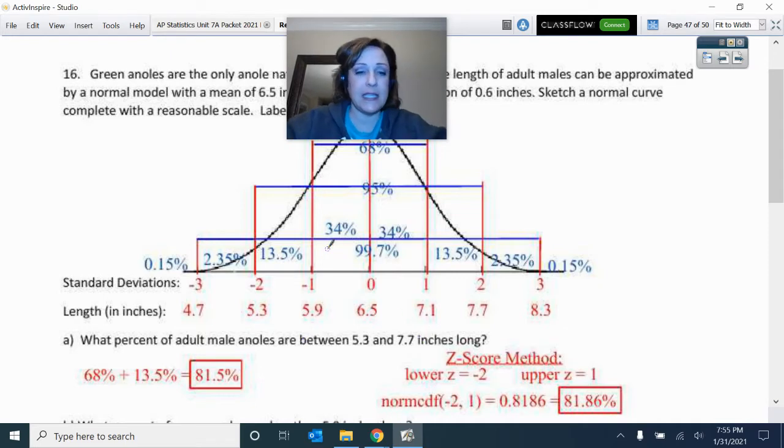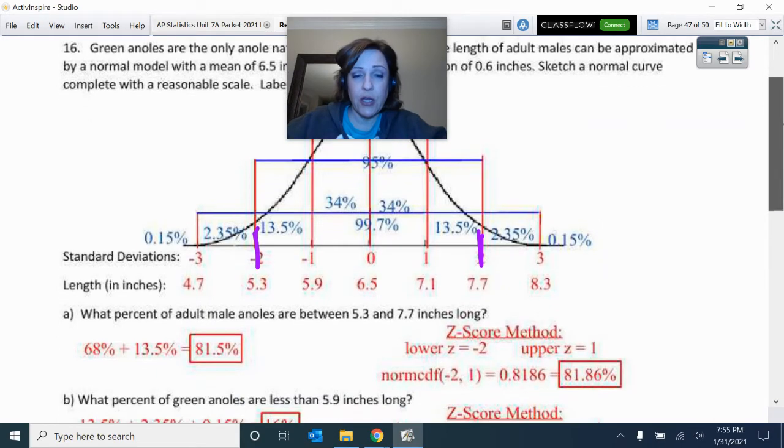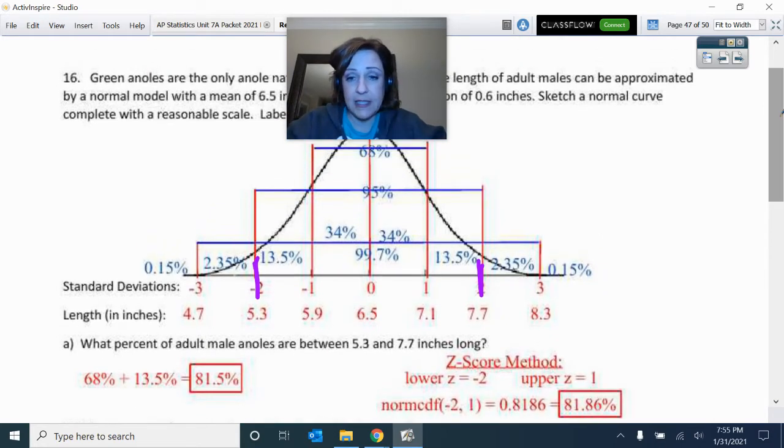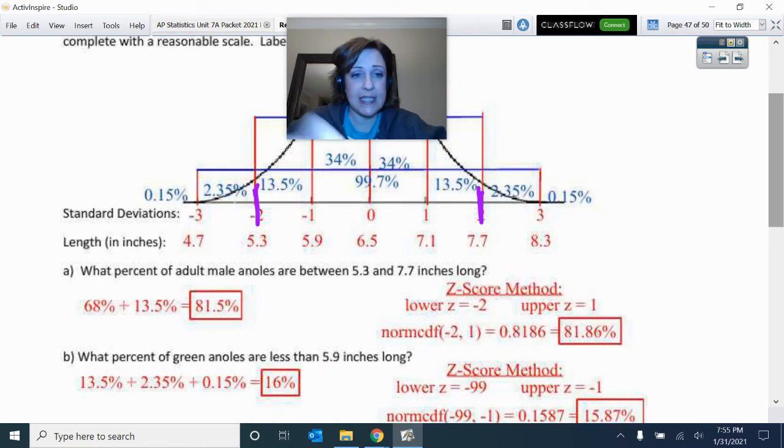All of these ended up falling right on a whole number of standard deviations. So you could either remember the percentages that we had done at the very beginning of our normal model unit, or you can easily see that 5.3 is a z-score of -2 and 7.7 is a z-score of +2.